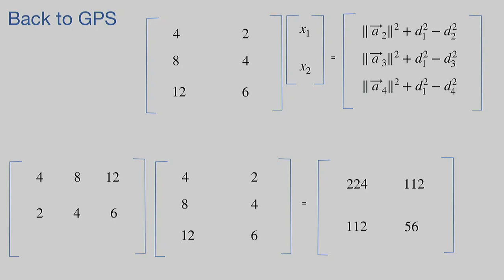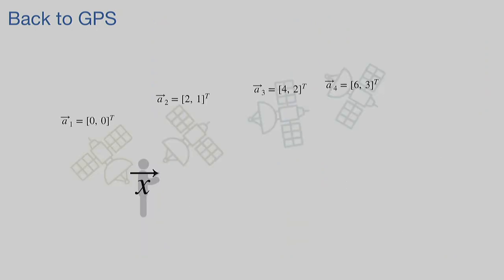What's the geometry here? This is why we came to this space. In this case, if you look at the satellites, they were along a line. That turns out to be a pretty bad situation. Because if you look at this distance over here, this is the quadratic equation. That's where I'm supposed to be, right? And based on my distance here, this is the intersection, right? What happens with this one?